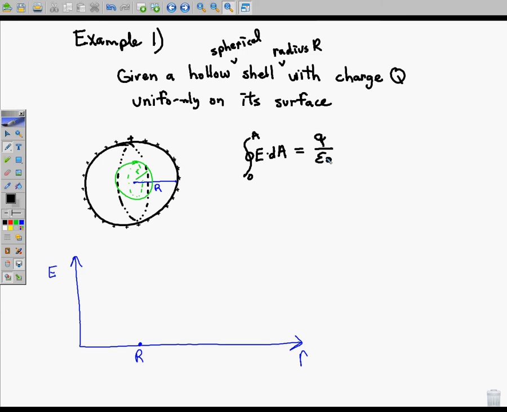We can factor out that E, and then it's E times the closed integral of dA, equals Q over epsilon 0. That surface area is just E times 4 pi r squared equals Q over epsilon 0. However, if it's a shell and all of the charge is on the surface of the basketball, nothing inside, how much charge is on the inside there?